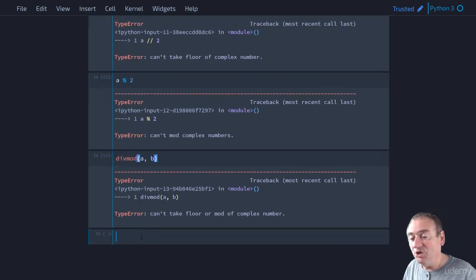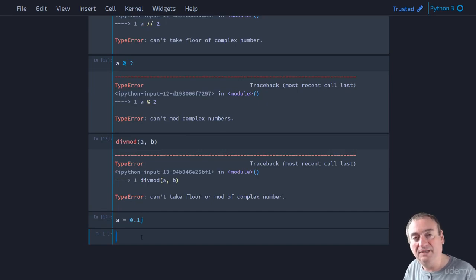Okay, so let's take a look back very quickly now at the equals, which is supported, as well as the not equals. So that's supported for complex numbers, but we have the same caveats that we have with floats. So as an example, let's say A is equal to 0.1j. Okay, so let's define that. I'm not going to define a real part for A, so the real part will be 0. Let's just focus on 0.1j.